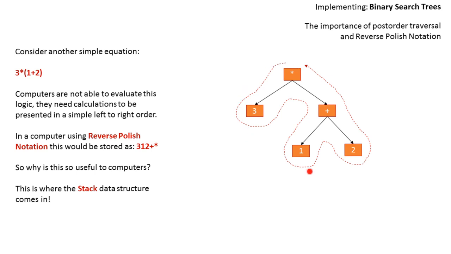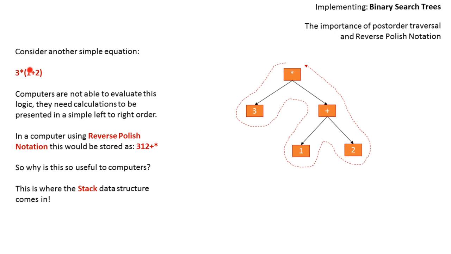Here we can see how a binary tree structure is used to break up this expression written in infix form into a binary tree, and then by traversing this binary tree using post-order traversal, we end up extracting the reverse Polish notation: 3, 1, 2, plus, multiply.